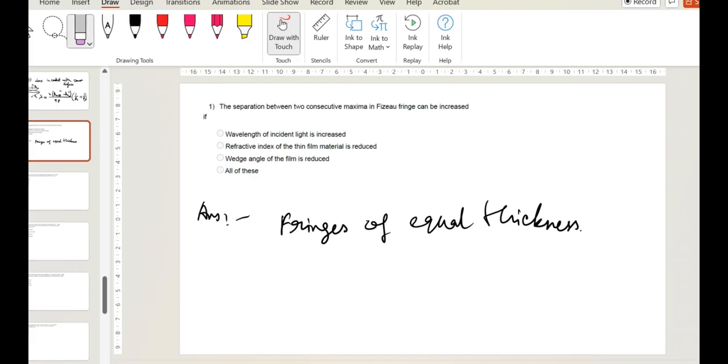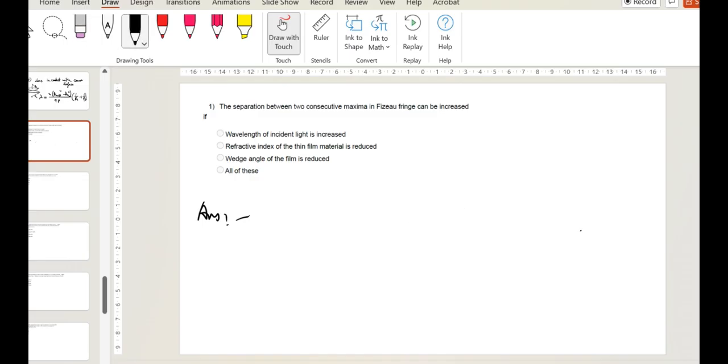So we have seen the fringes can be increased if the wavelength of the incident light is increased. That is true.